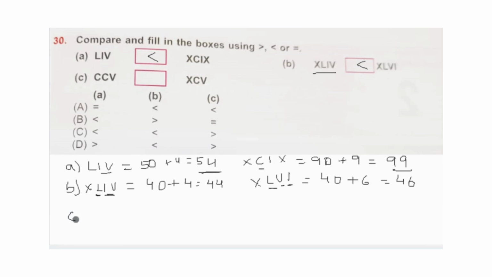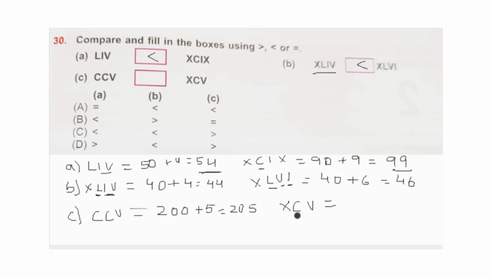Let's go to our final options that we have. It says CCV. As you guys know, C is 100, and when you have written 100 two times, this becomes 200 plus V is 5, giving us 205. Now you have XCV, right?